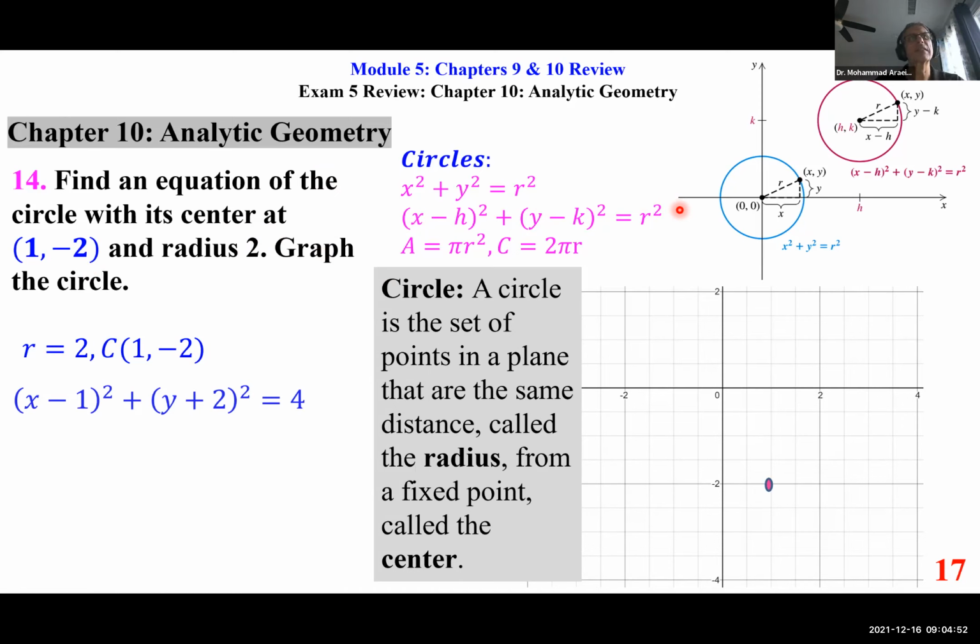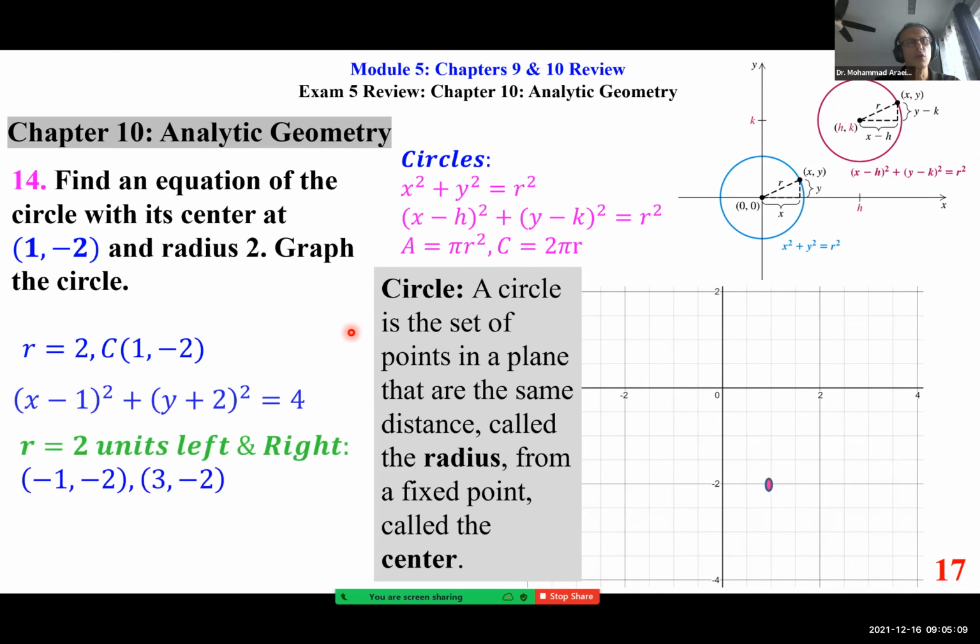we start from the center, located at 1, -2, and since the radius is 2, we go 2 units to all sides, right, left, up, and down. So if we go left and right from this point, we get to these 2 points.